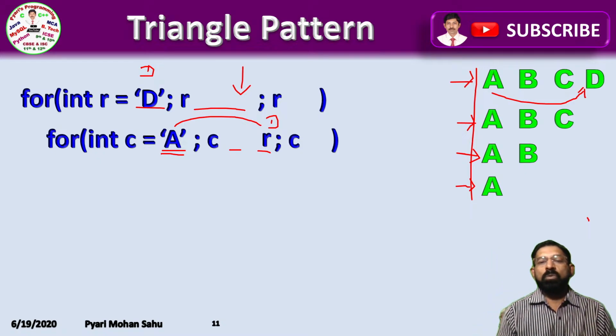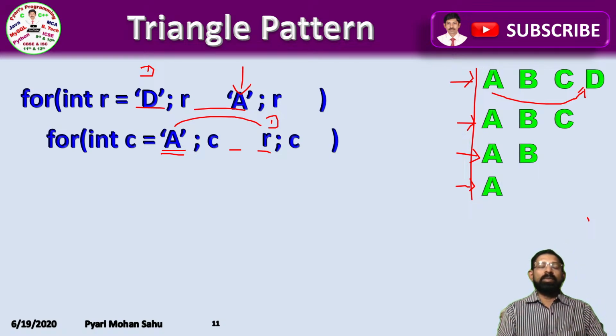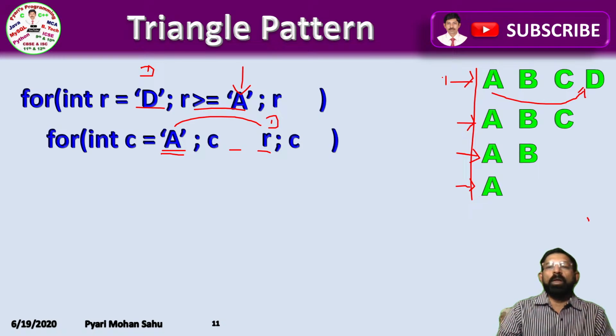So I said that this is not a proper manner of writing the code. Less than or equal to 65, or we can say it is A. It is greater than or equal to A, because I want to move from D, the row initial value, then next time it should be C, next time B, next time A. That means it is iterating from D to A, in decreasing order, because it is iterating 1, 2, 3, 4 times.